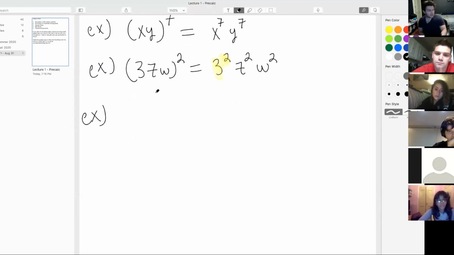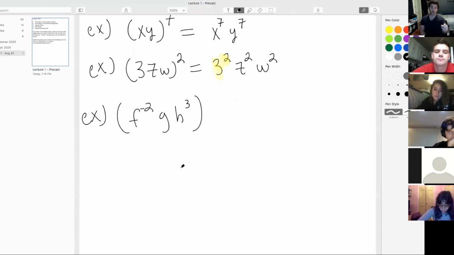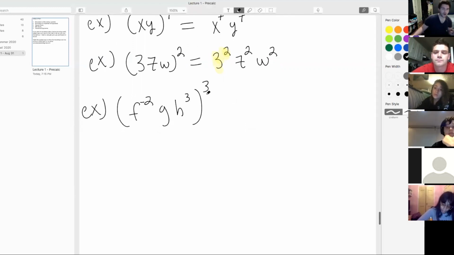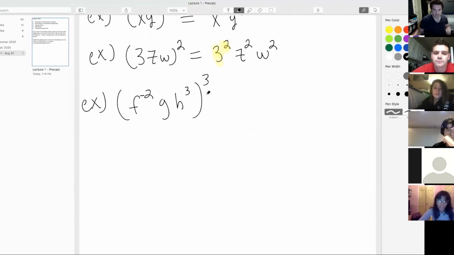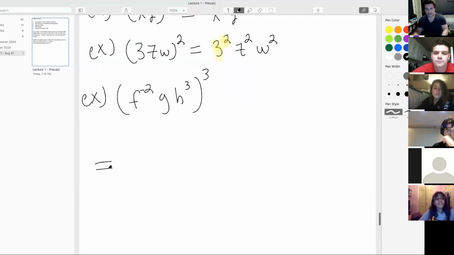And let's do one more slightly more interesting example. How about this? f to the minus 2 power multiplied by g multiplied by h to the third, that whole thing to the third. Okay, so let's just take a breath. We're just going to use the rule. I'm just going to bring this power of 3 to each factor as the rule tells us.